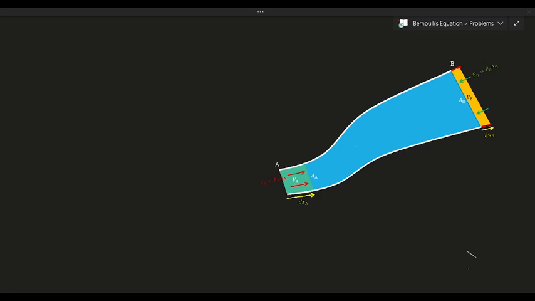Let's call the velocity of the first element of liquid vA, to indicate that this is the first element of liquid and it is at the end A of the pipe. Similarly, the liquid element at the end B of the pipe, let's say this liquid element has the velocity vB.